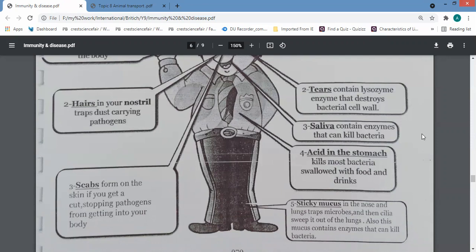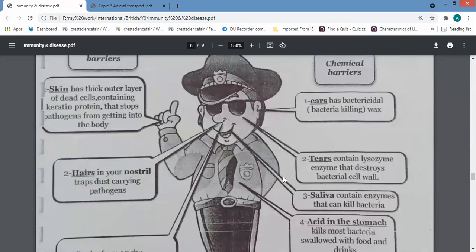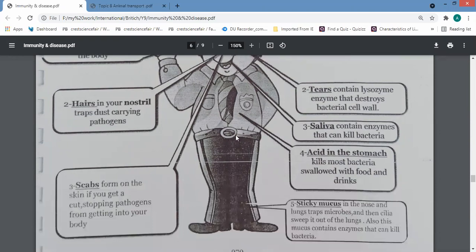This acid kills most of the bacteria swallowed with food and drinks, which means if bacteria moved through the mouth without being killed, they will be killed inside the stomach.